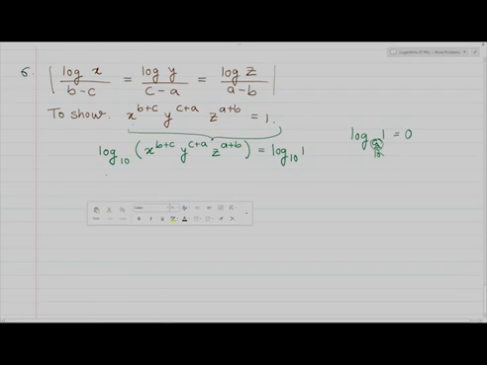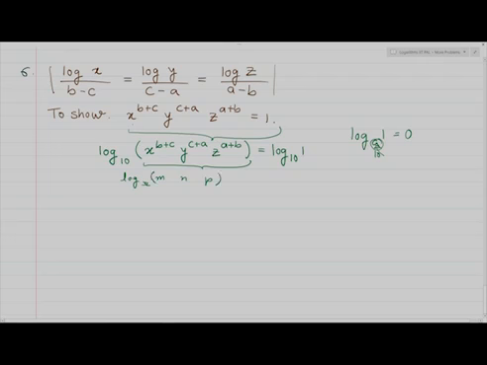So what will this be then? This particular thing is of the form m into n into p, and log to the base some r of m into n into p.